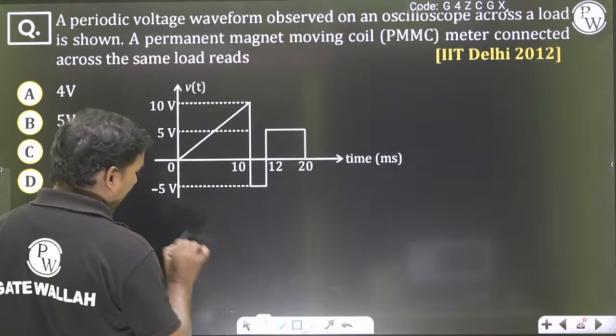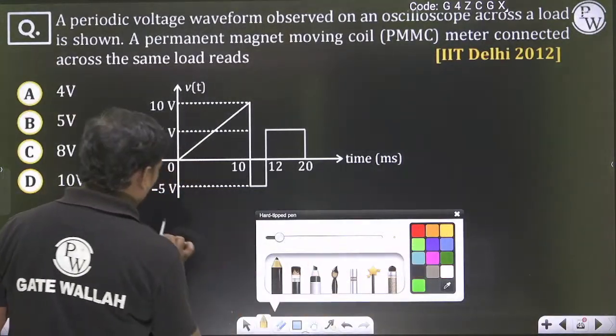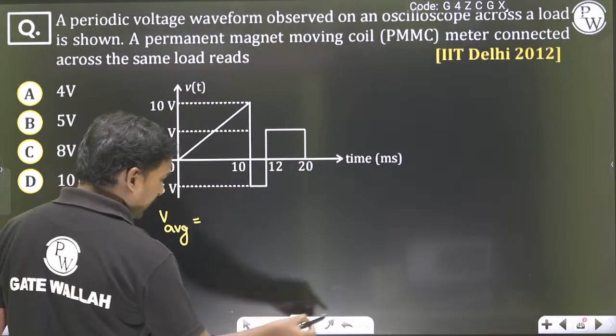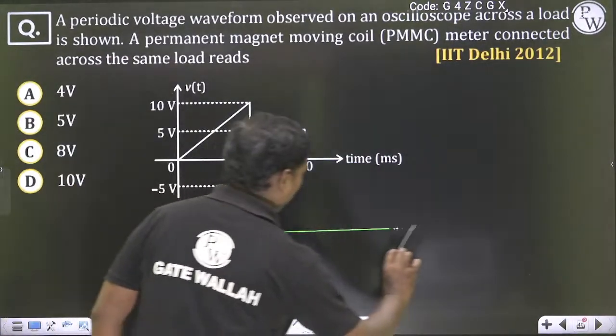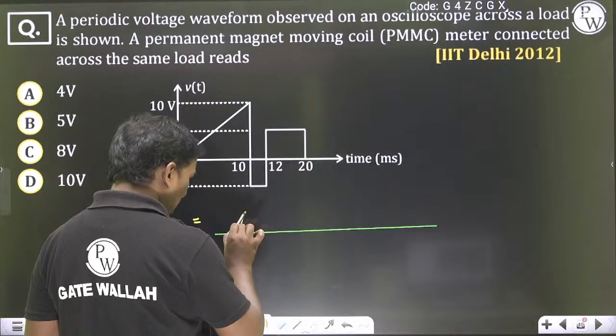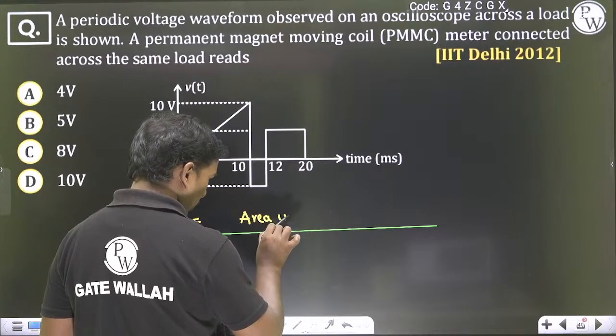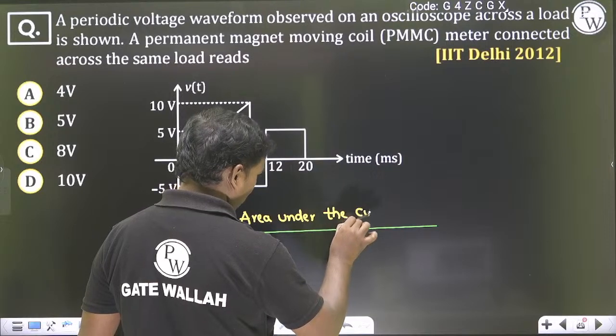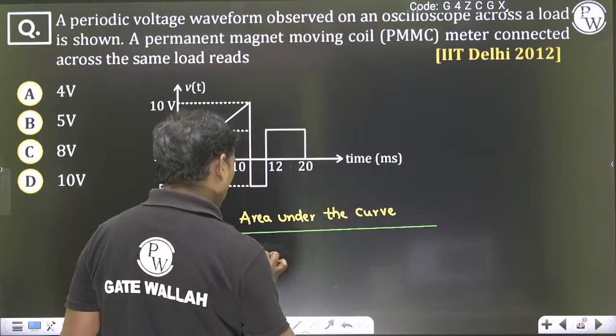So we know the average. V average can be taken as the area under the curve divided by the total time.